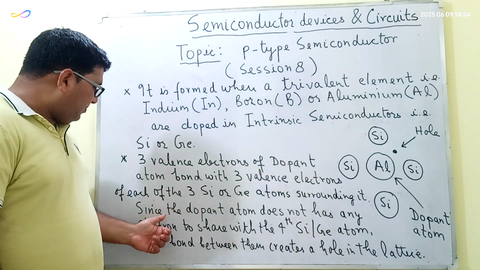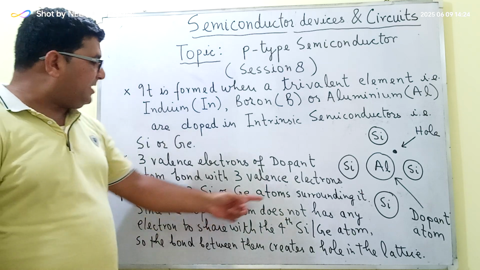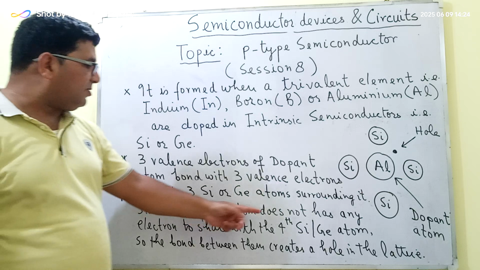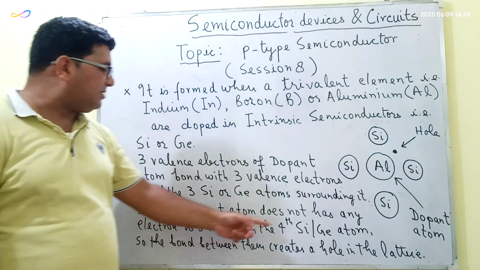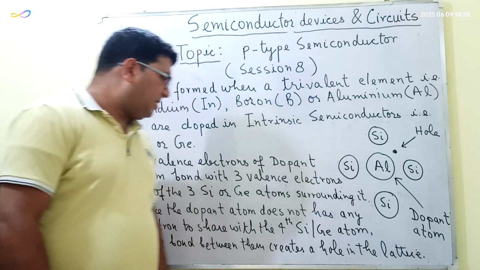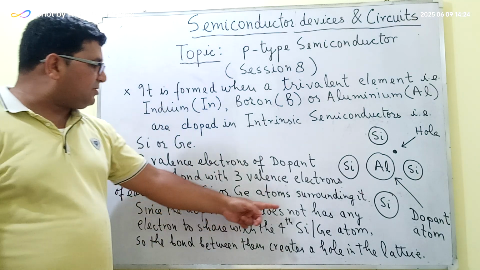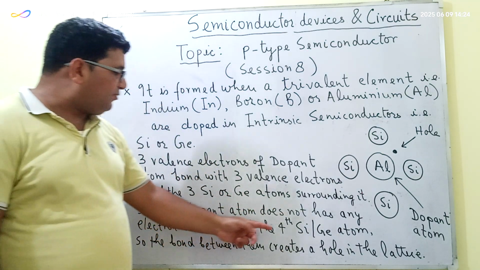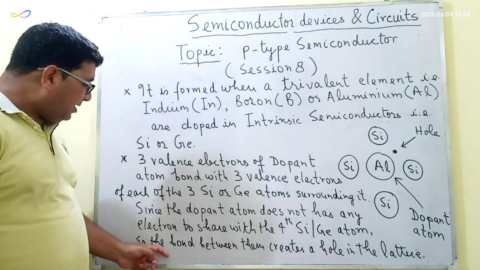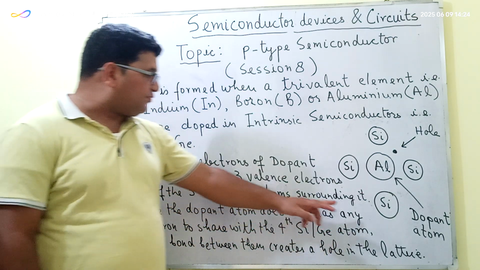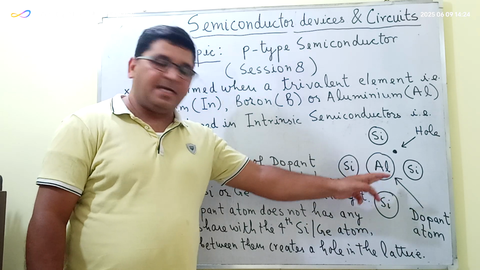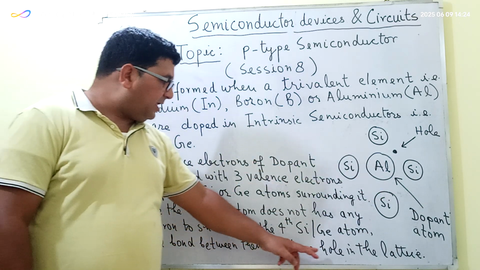As a result, since the dopant atom has only 3 valence electrons, it does not have any electron to share with the 4th silicon or germanium atom. So the bond which is formed between this 4th silicon atom and this dopant atom creates a hole in the lattice.